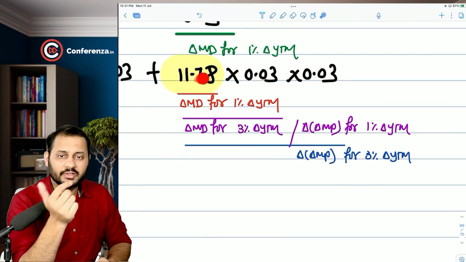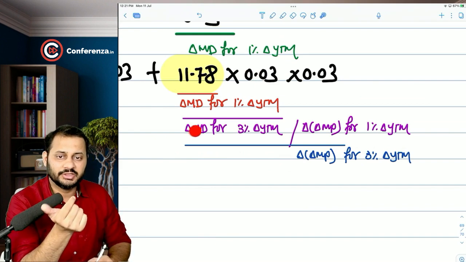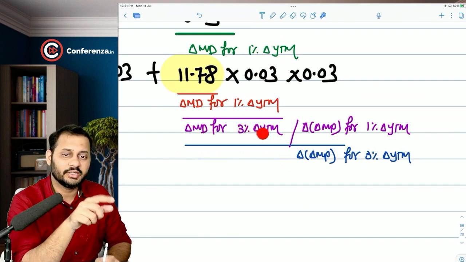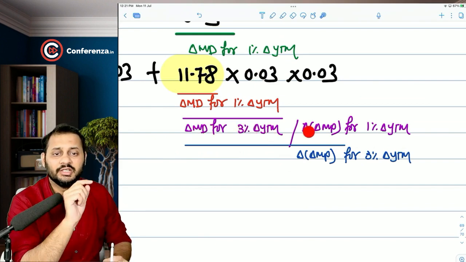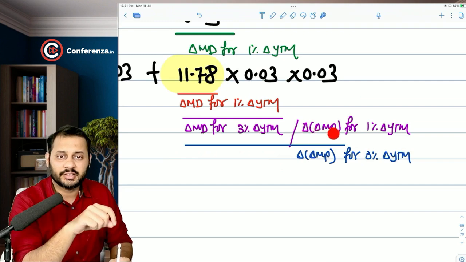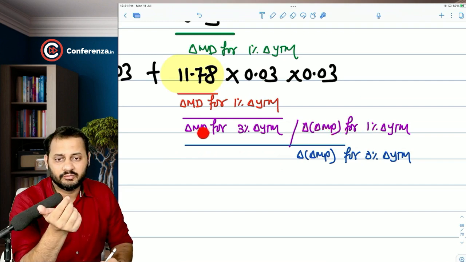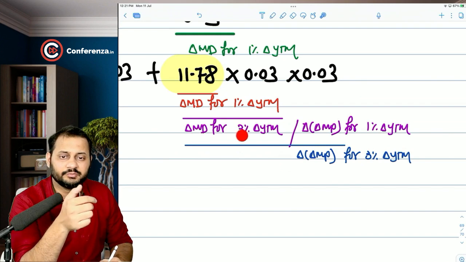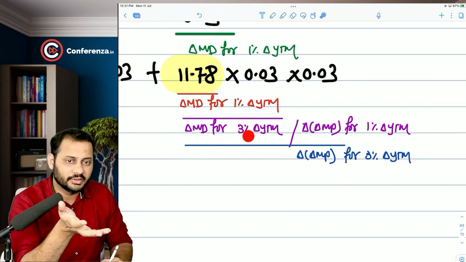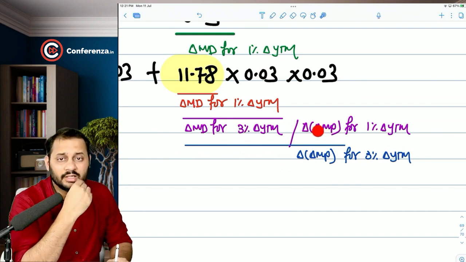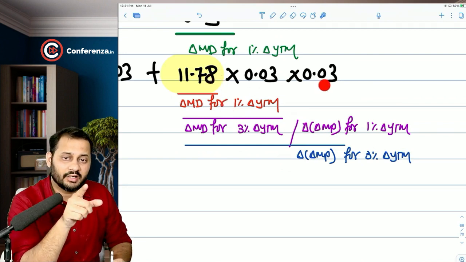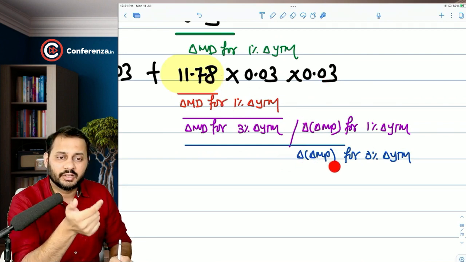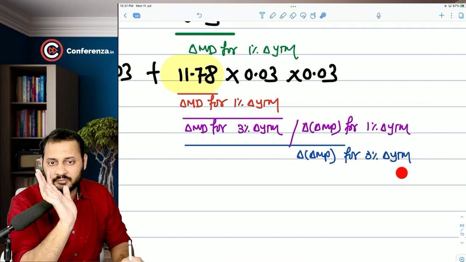So 11.78 into 0.03, that is change in modified duration for 3% change in YTM. You can call it as change in market price for 1% change in YTM. Once you multiply this change in modified duration with 3%, this entire figure is also called as change in market price for 3% change in YTM.